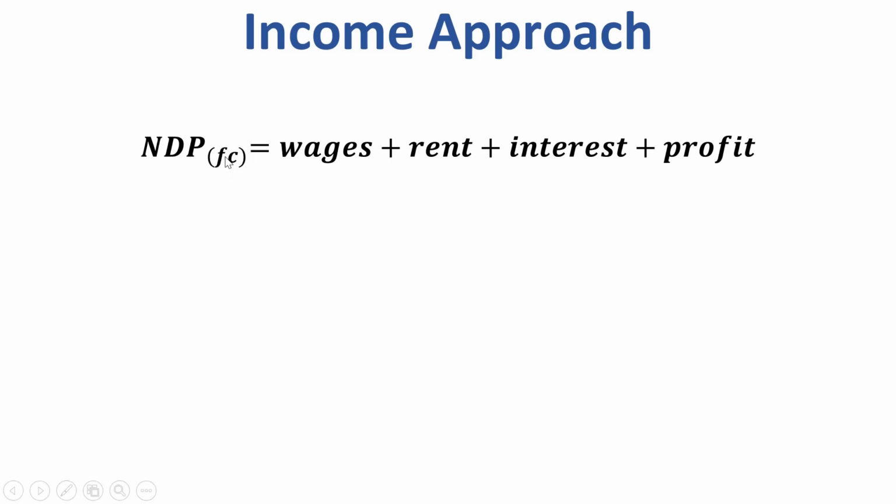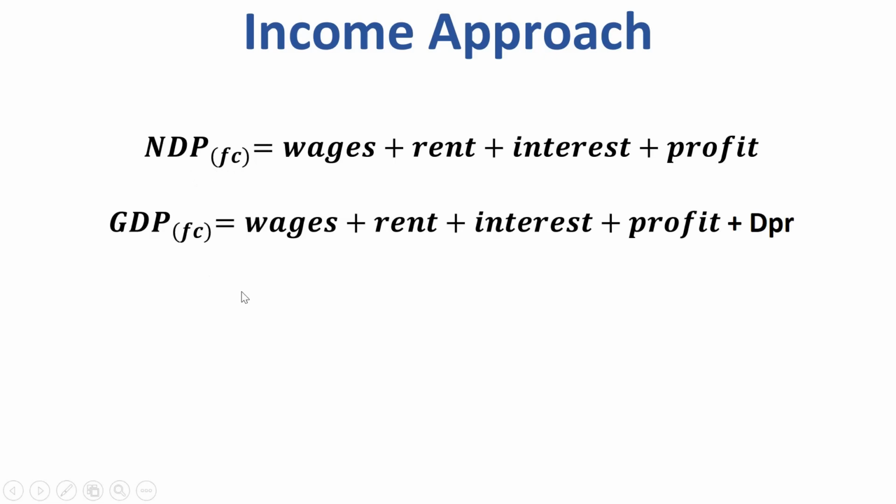Later, I will explain why I'm saying this. After we have derived the formula for the income approach to GDP, I will take time to explain this first relation. So we can proceed.